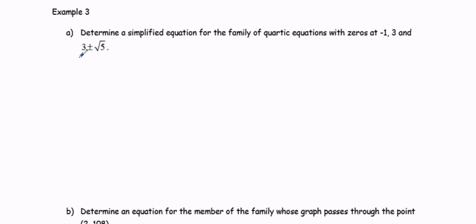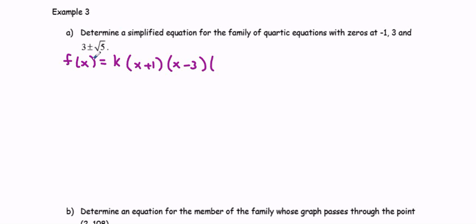All right, so we start with f of x equal to k times x plus 1. So we're just taking our zeros, changing the sign.